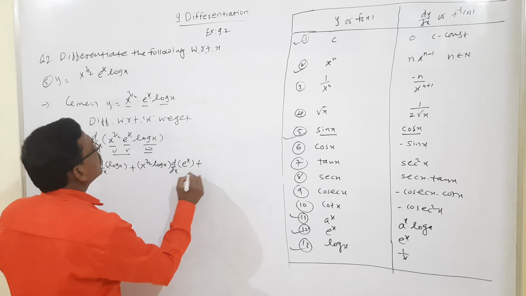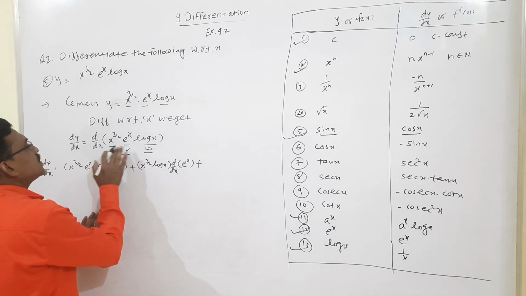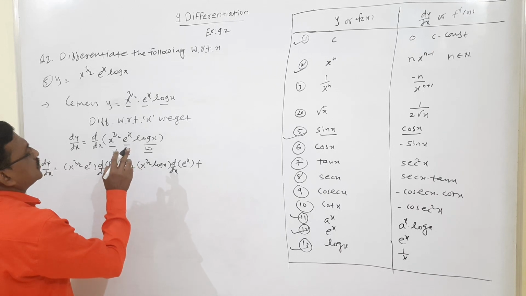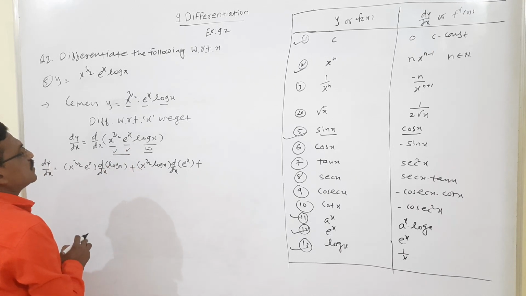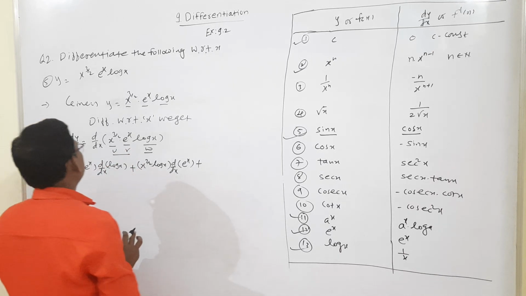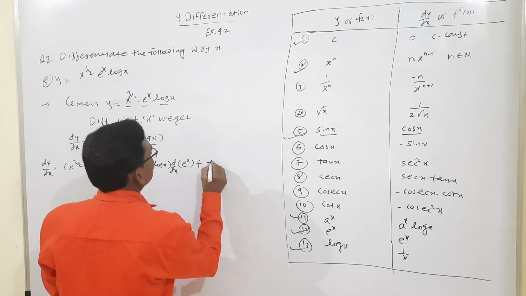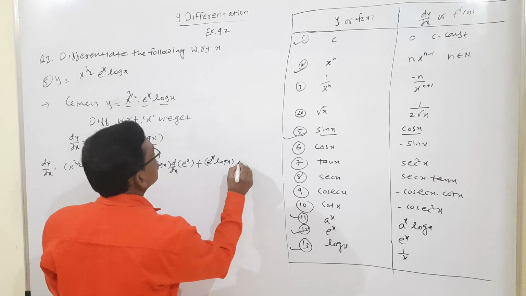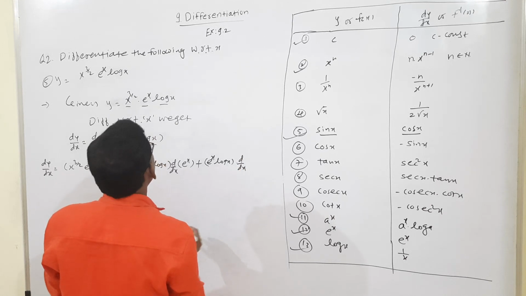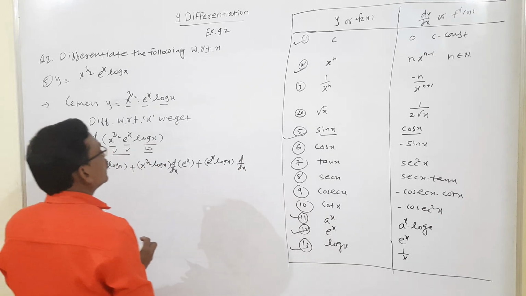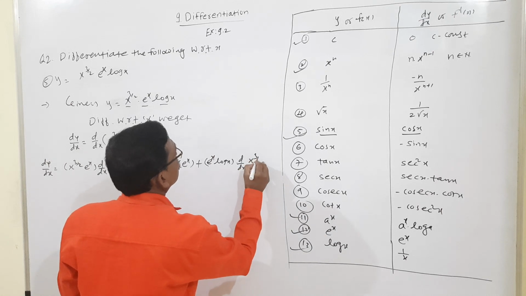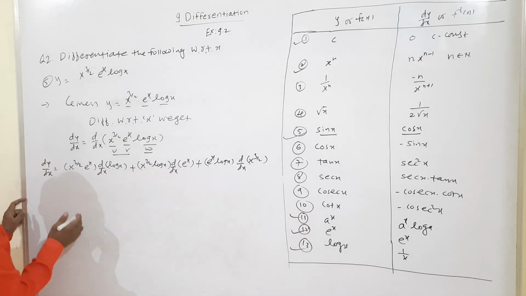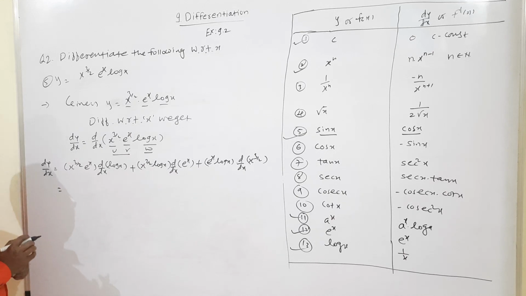And in the third, take the second and third as they are, and take the derivative of the first: e raised to x into log x as it is into derivative of the first, x to the power 3 by 2. This is the expansion of u into v into w.